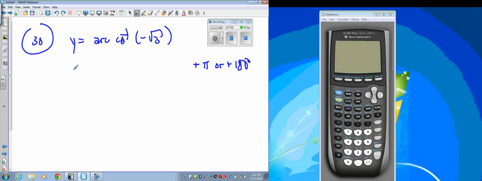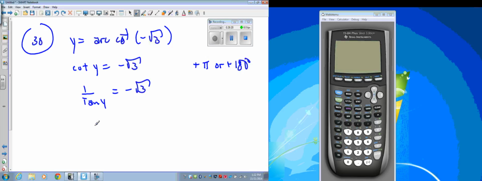So what we do is we say, well, this is the same thing as cotangent of y equals a negative square root of 3, which is the same thing as saying 1 over tangent, because we got to convert it to tangent, is equal to a negative square root of 3. All right.